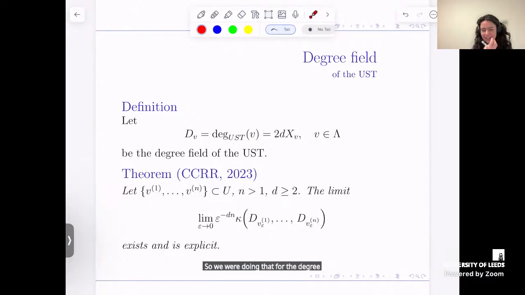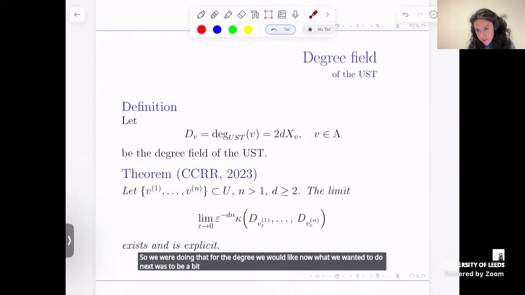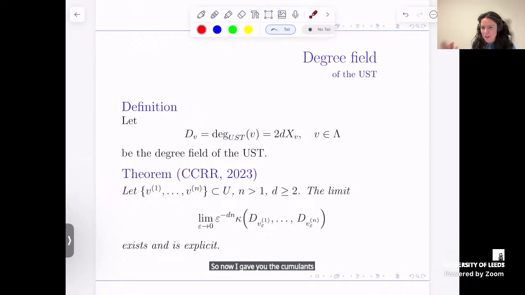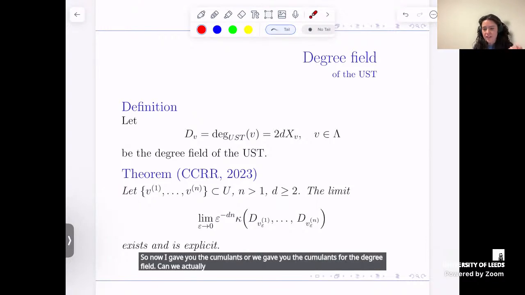What we wanted to do next was to be a bit more precise on the degrees. So now we gave you the cumulants for the degree field. Can we actually be a bit more explicit and, for example, tell you what the probability mass functions of the degrees are?